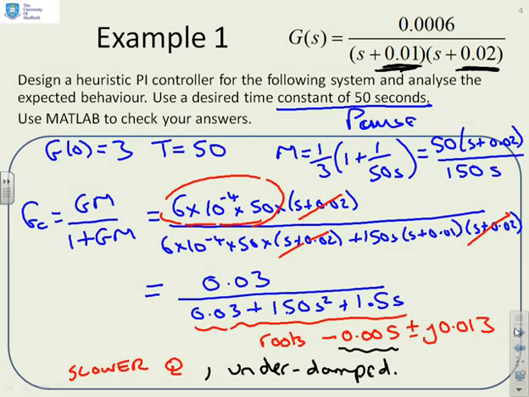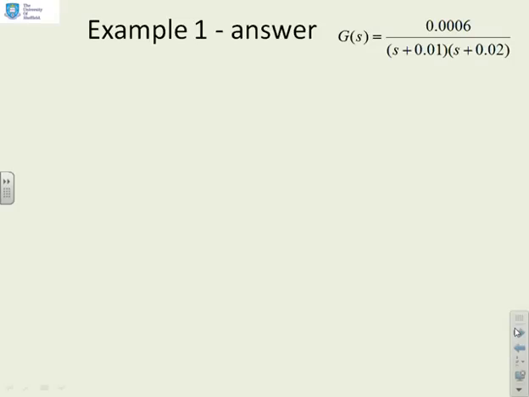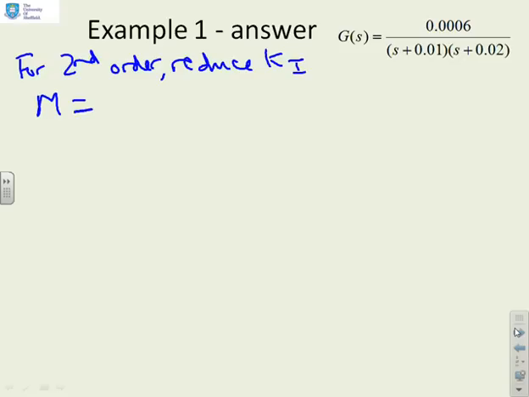So what next? Now, you remember, in our guidance, we said for second order, reduce Ki, the integral term. And we said you could choose it to be approximately a half. So if I was to do that, then what I would get is M equals 50 into (s plus 0.01) over 150s.